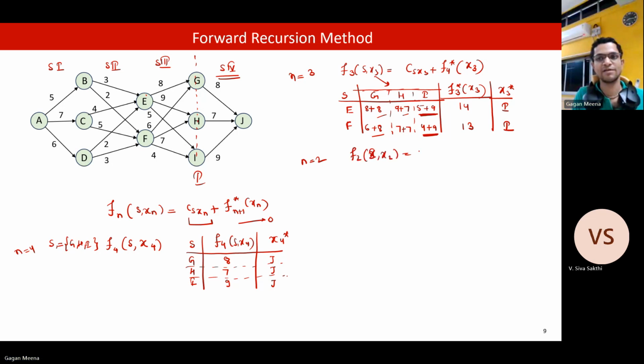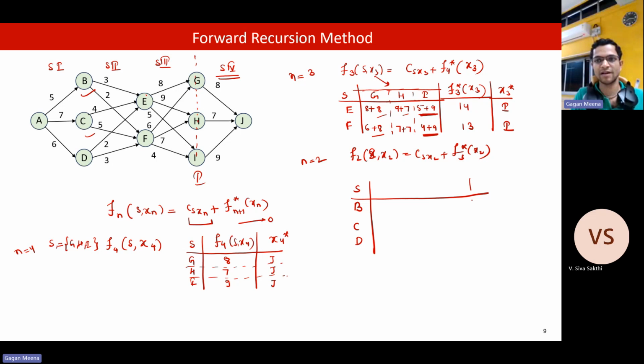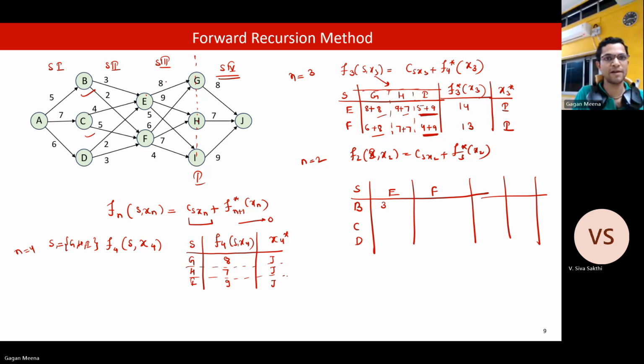F2 of S is C(S, X2) plus F3 of X2. Similarly, now here S will be this B, C, and D. So I will just write this table quickly. This will be 3. Here it will be E and F only. So this is 3 plus E 14. B to F is 2, 2 plus 13. C is 4 plus 14.